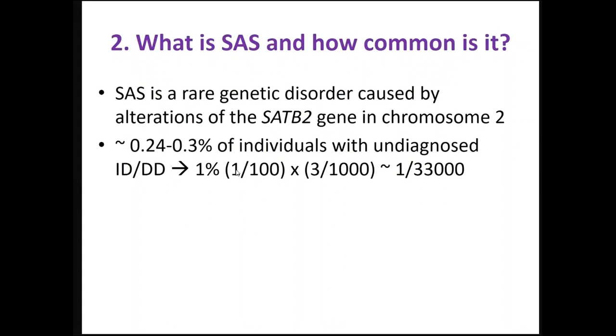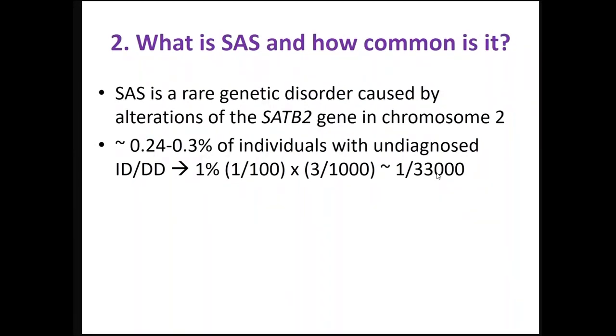So that's the tricky part, that I don't know exactly what to use as how common undiagnosed intellectual disability is in the general population. But if we were to use an estimate of around 1% in the general population of undiagnosed individuals, you multiply that by this 0.24 to 0.3, then you get the 1 in 30,000 or so.